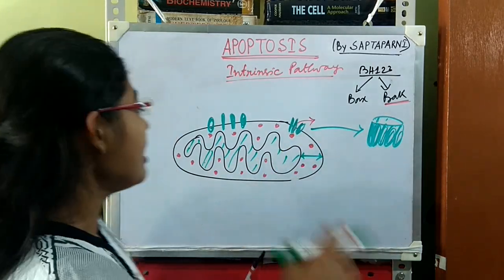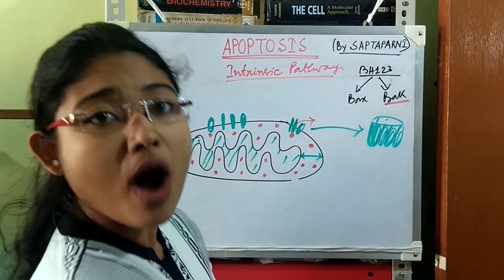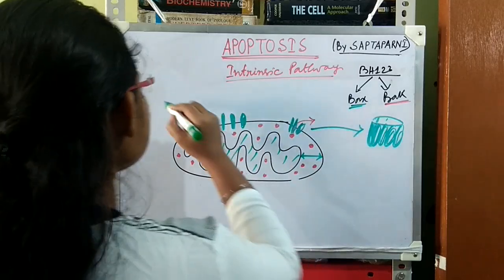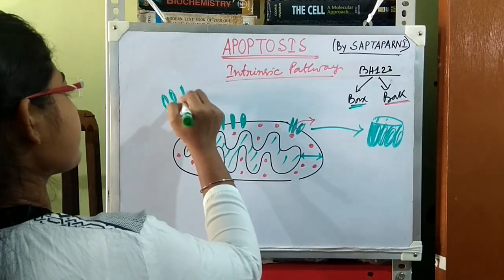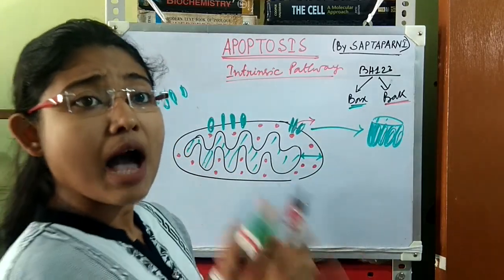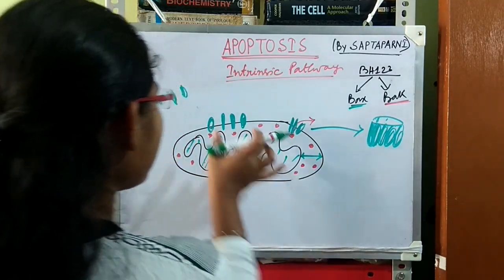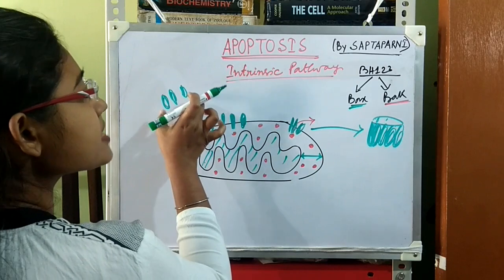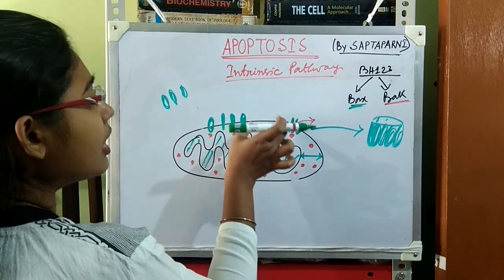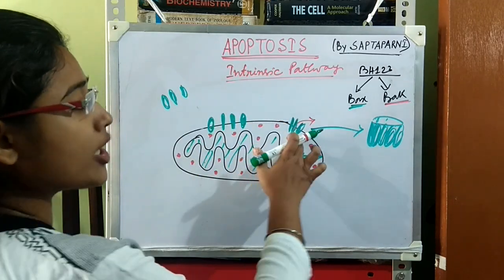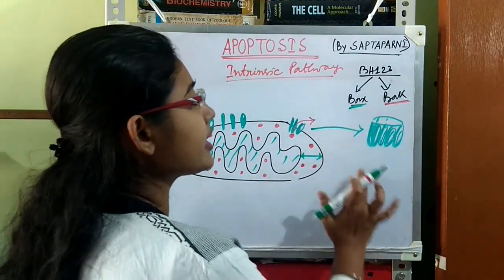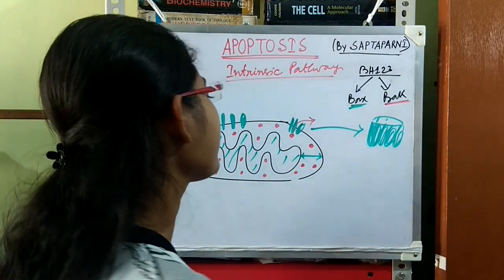That is why cytochrome C cannot go out, and Bax is present in the cytosol like this. Whenever an apoptotic signal comes, this Bak oligomerizes, or this Bax comes to the outer membrane and also oligomerizes to form a channel, through which the cytochrome C then can go out.